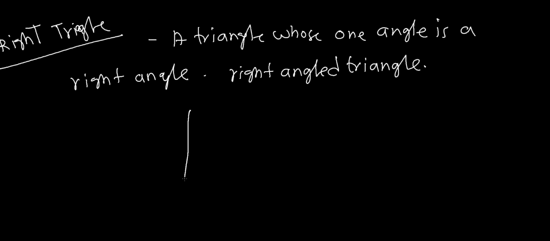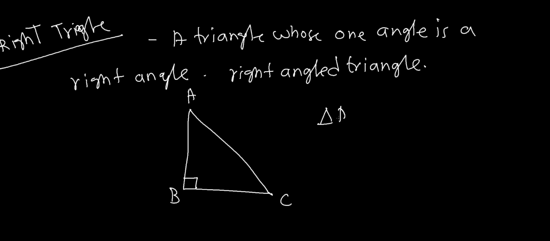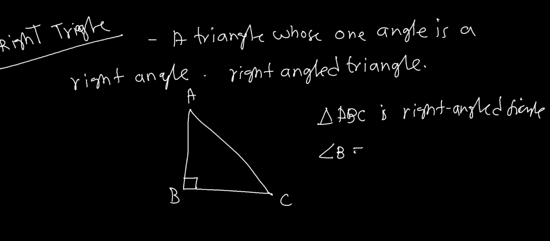So if we draw a figure like this, let's say A, B, C, and this is the right angle. So triangle ABC is a right angled triangle, where angle B equals 90 degrees.